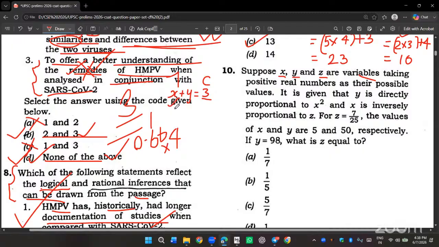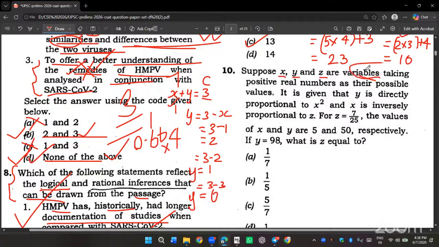How? If I vary the value of x, then the y value will vary. y is equal to 3 minus x. If I put 1 here, what is the value of y? 2. If I put 2 here, the value of y will be 1. If I put 3 here, the value of y will be 0. So if the x value is varied, the y value will vary. That is why they are called variables.